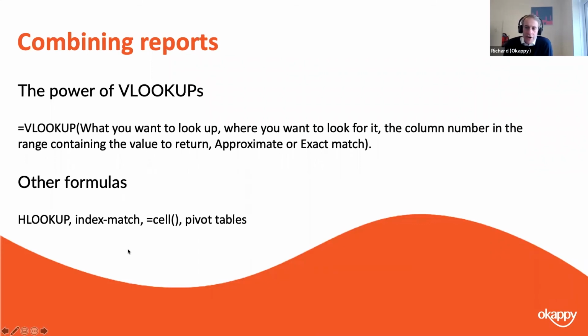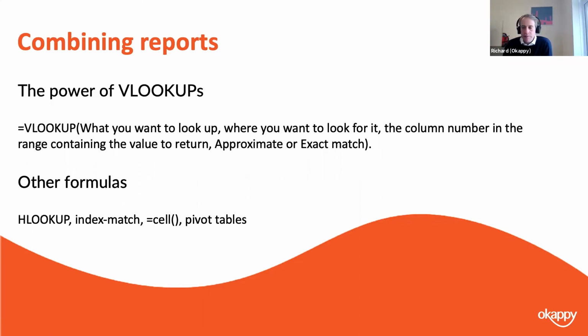Other formulas I won't go into, but HLOOKUP does the same kind of thing, but looking across rather than looking down. You can also use index match to find specific cells in one sheet compared to another. Obviously, there's a lot of support both within Excel and Google Sheets, and Googling is always useful.